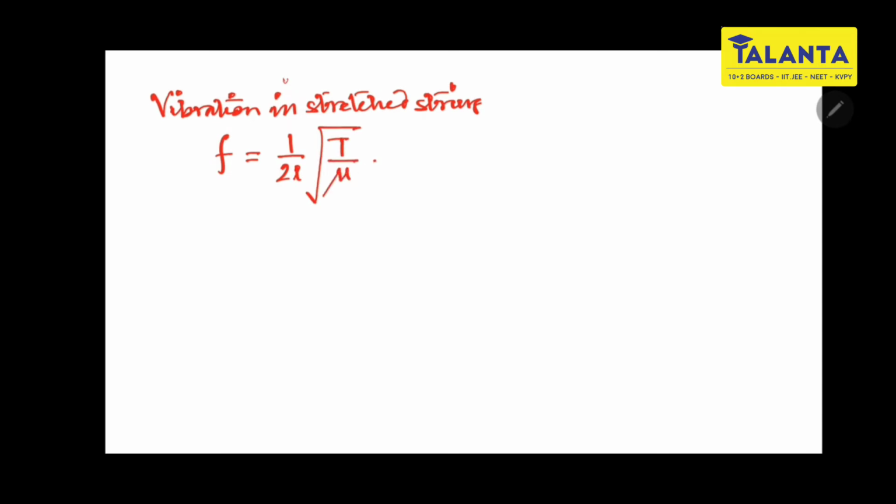that is vibration in stretched string. Now, transverse stationary waves are formed on a stretched string fixed at both the ends, and here the frequency of the stretched string equals 1 by 2L into root over T by mu, where L is the length of the string, T means tension force in the string, and mu is mass per unit length of the string.